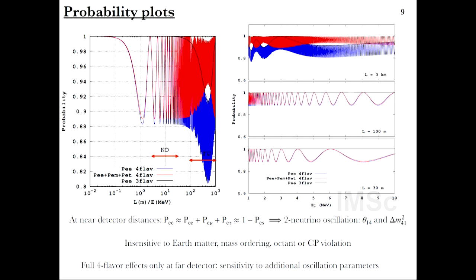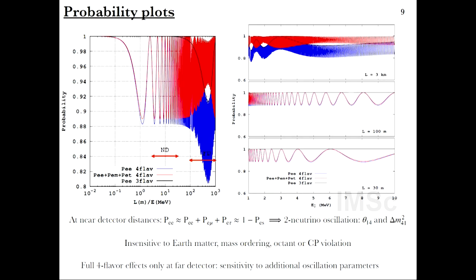And if there is no sterile neutrino, then this sum is going to be equal to 1, which is the case for 3 flavor. In the case of 4 flavors, this is essentially equal to P_ee, because we are in a 2 flavor assumption where P_e mu and P_e tau are very small. That is clear through this feature here, where there's essentially no difference between the red and the blue curves.